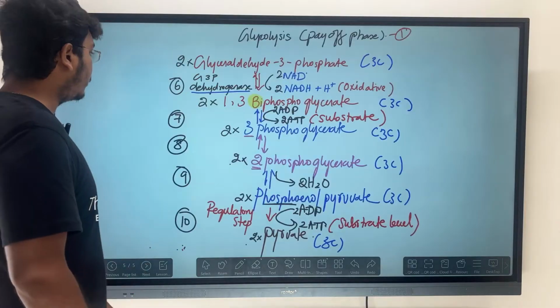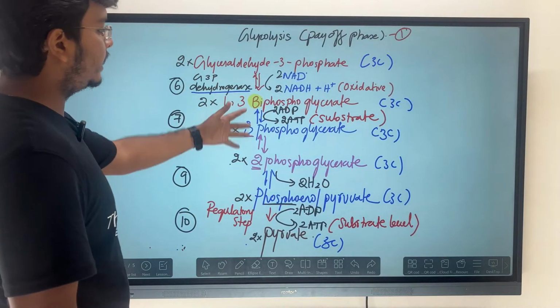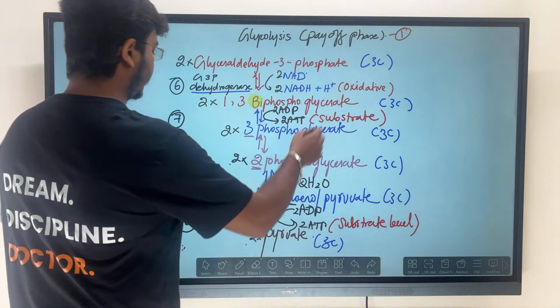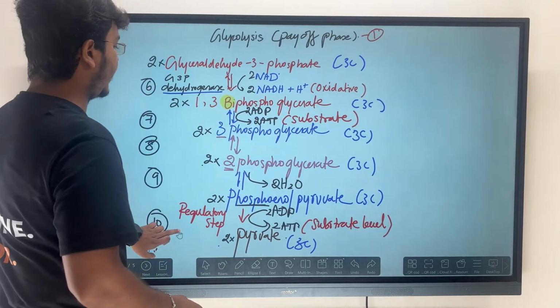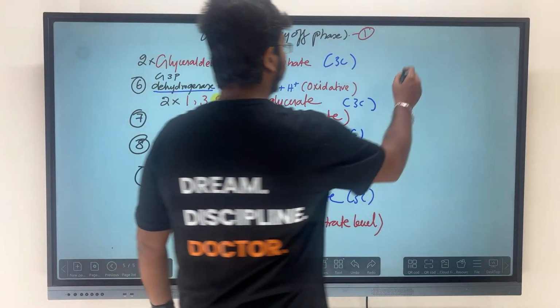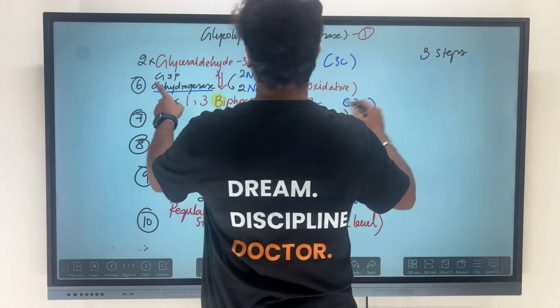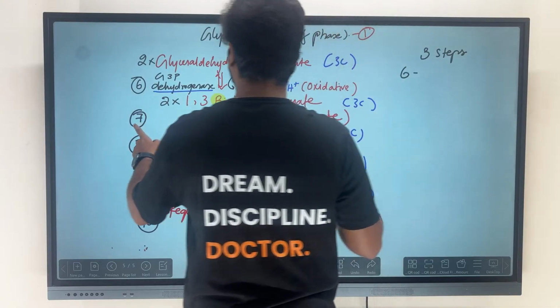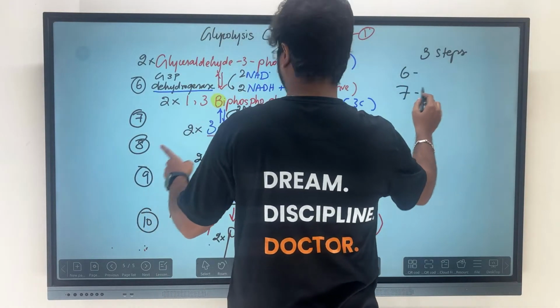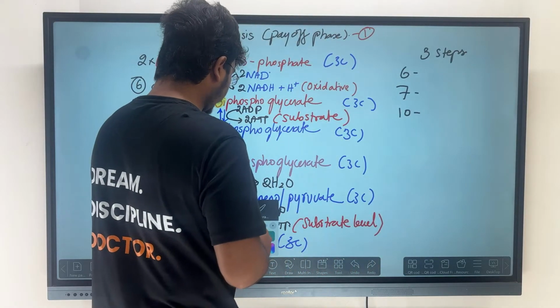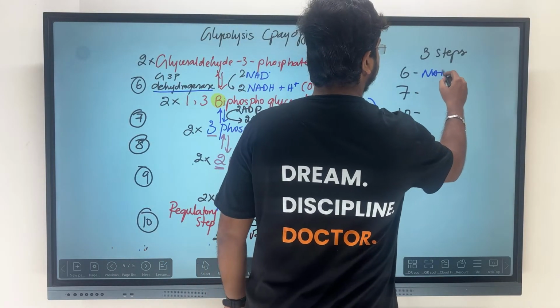Am I right? Now here we have received, we have gained energy. In which all the steps did we gain energy? We gained energy in 3 steps. Okay, so what are all those? First one is 6th step, another one is 7th step, and last one is 10th step. Okay, in the 6th step, what have we received? We have received NADH.